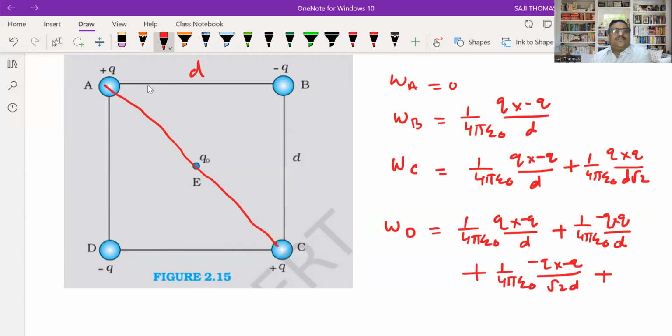Plus, you have to do work against... so we have done work against A, work against B, then one more term is there.